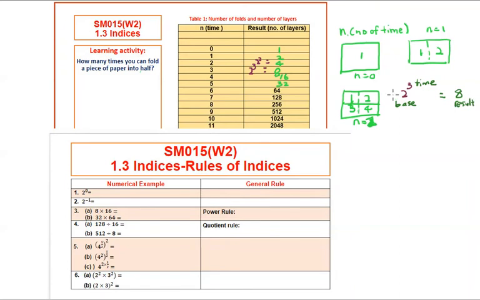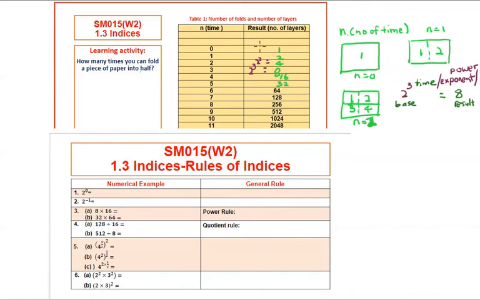In mathematics, times is called the exponent. Sometimes it's also called the power. So 2 raised to power 3 is equal to 8. So what if 2 raised to power 0?